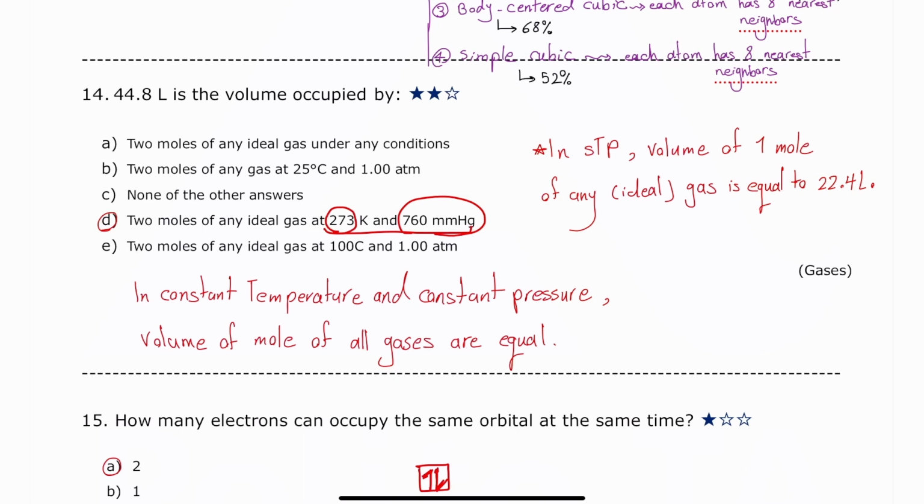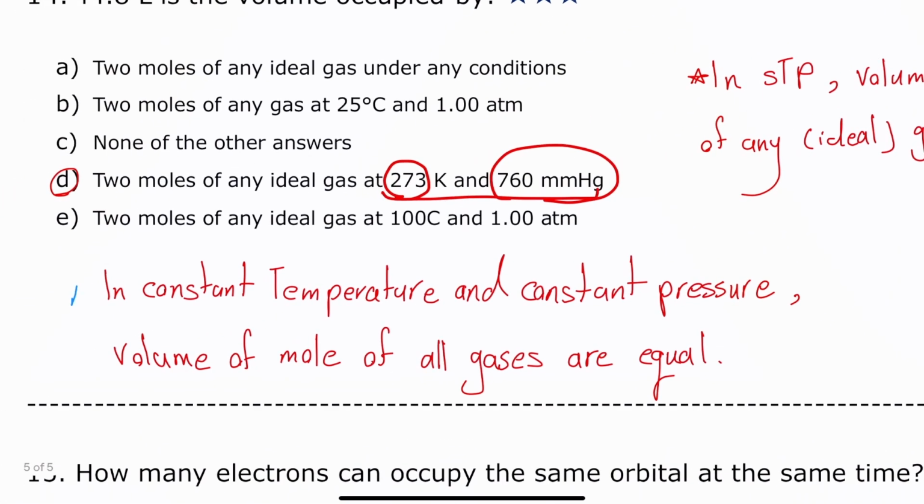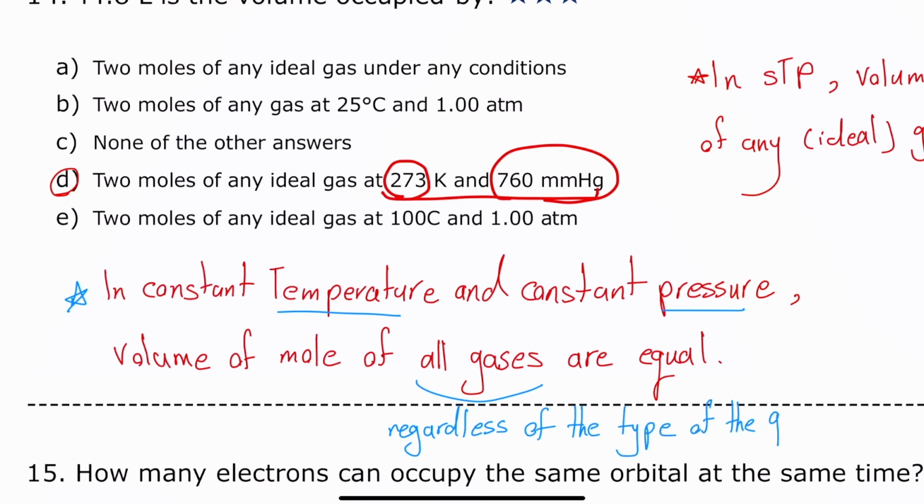First of all, a very beautiful special law about gases is that if you keep the temperature and pressure constant for a gas and choose any gas, regardless of the type of the gas, you would have the same volume.